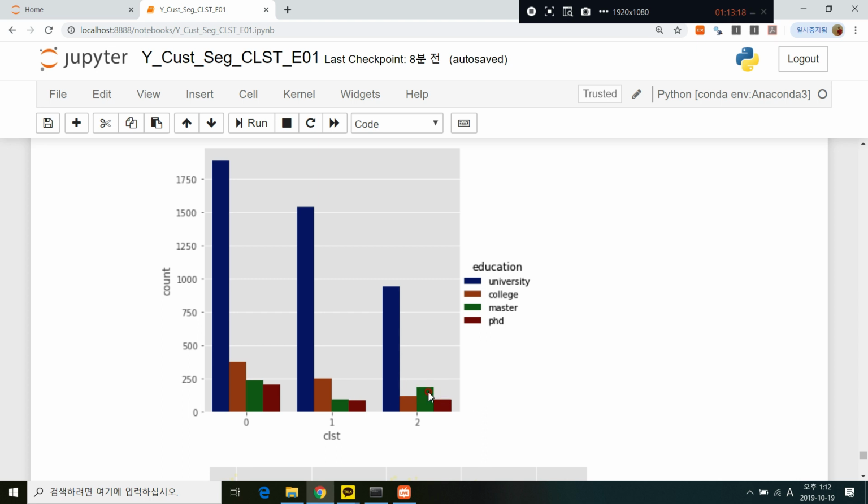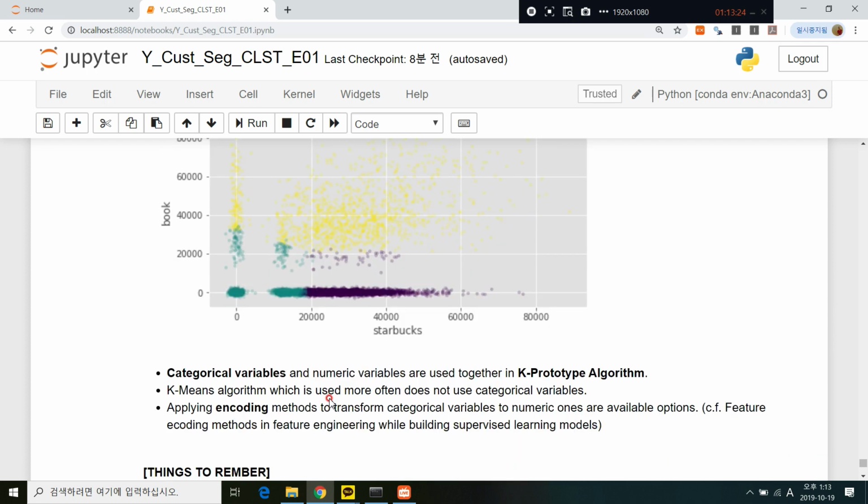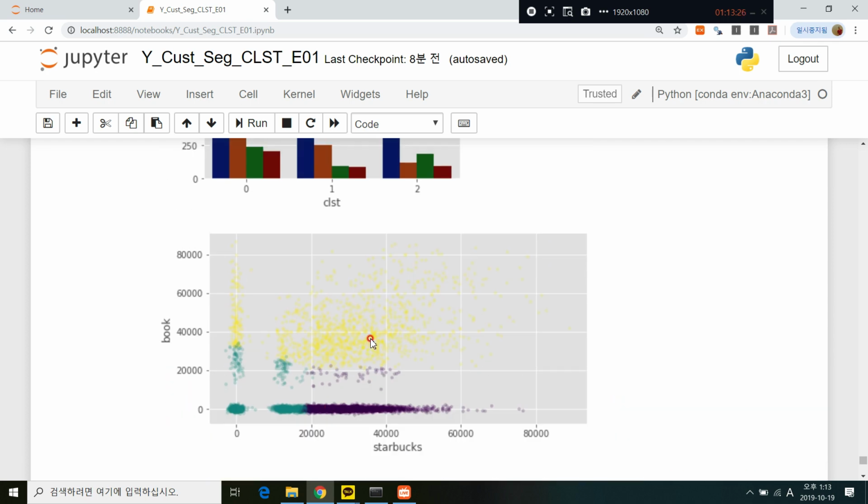We can find differences among the clusters. This is why we use a cluster solution that is capable of dealing with categorical variables too.